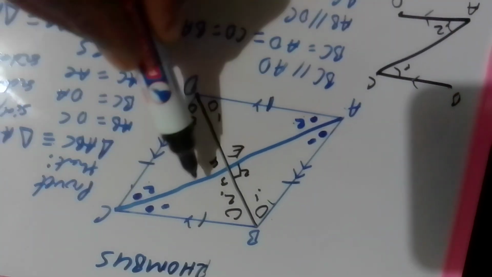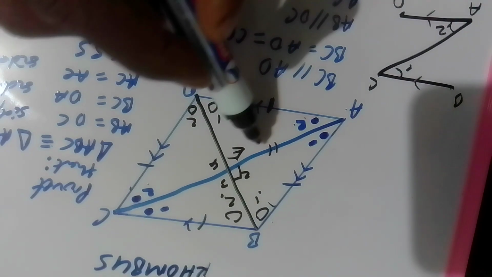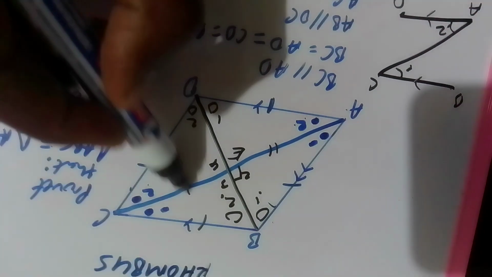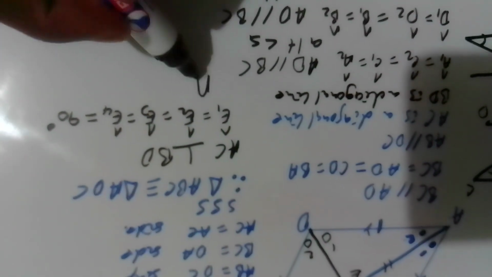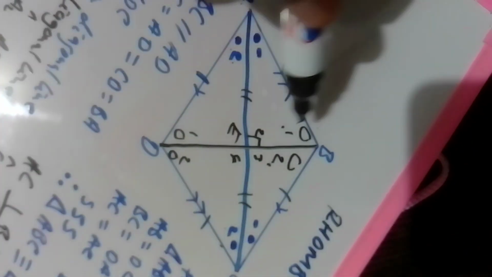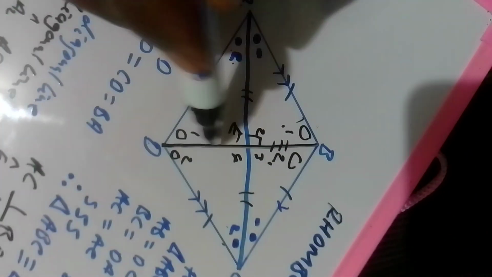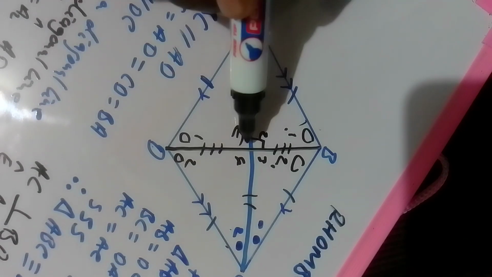And not only do we have that, now we speak about the fact that point A to point E and point C to point E here and there, these two lines are equal. So we say line AE is equal to line CE. And here we'll say 1, 2, 3, 1, 2, 3. So we've got line BE and line DE that are equal.